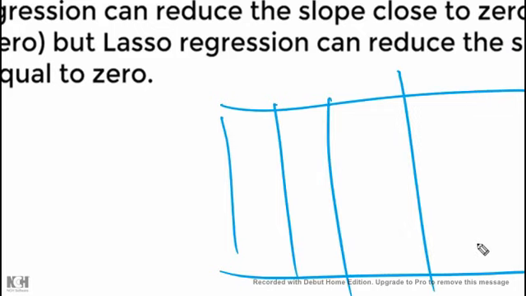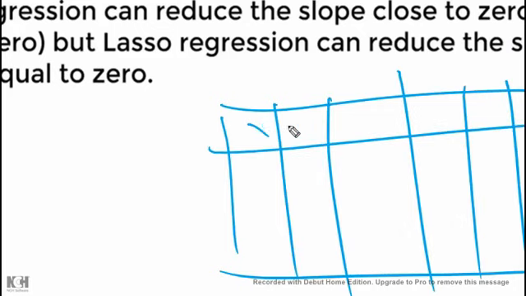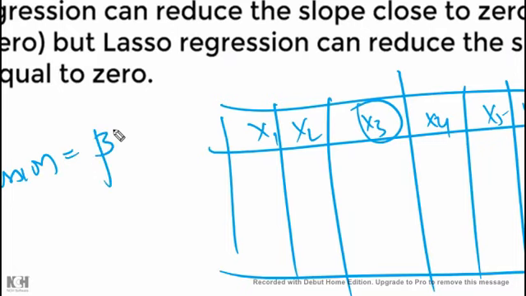If you have multiple variables, x1, x2, x3, x4, x5, and y, out of which x3 is the unimportant variable, how can we identify it? In ridge regression, the beta value will be very low.